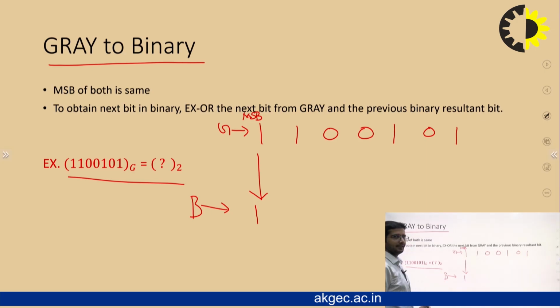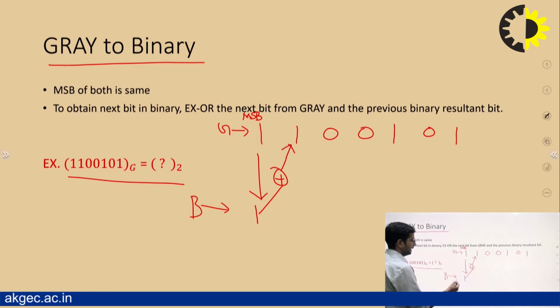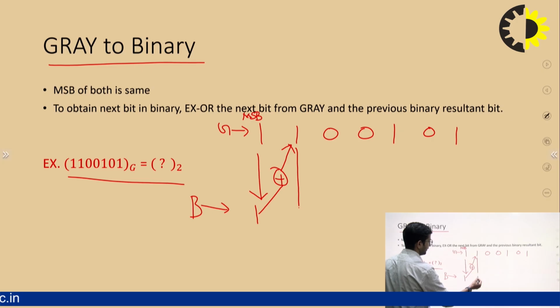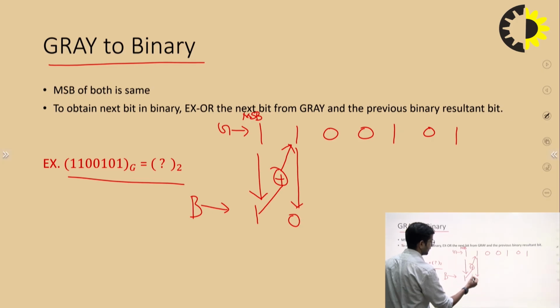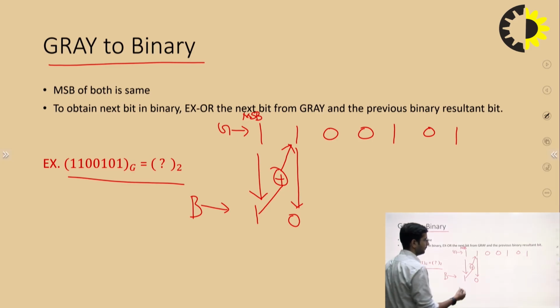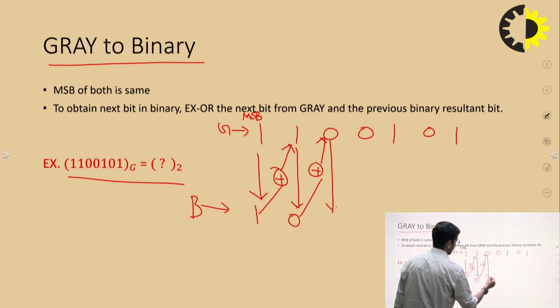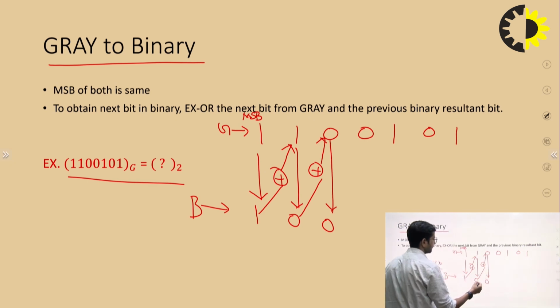Now for the next bits, we have to take the XOR, but in gray to binary we have to take the XOR of the previous bit of the binary to the next bit of the gray. That means 1 XOR 1 will give 0. Again for the next bit we have to take the previous bit of the binary number and the next bit of the gray. So 0 XOR 0 will give 0 because both are the same.